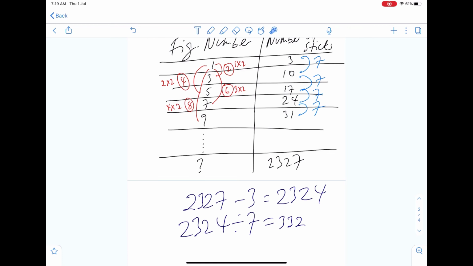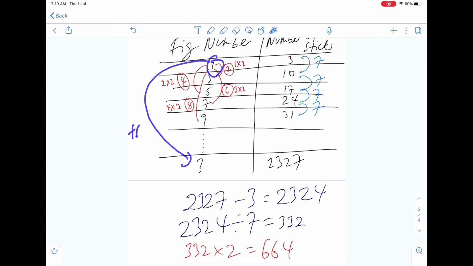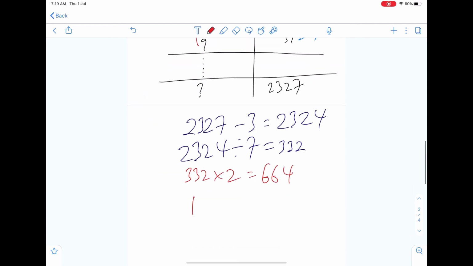So if you're adding 332 times, you must take 332 times 2, which is going to be 664. So the jump is 1 plus 664. So the figure number will be 1 plus 664, and the answer will be 665.